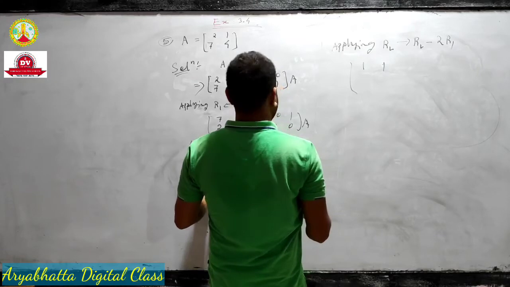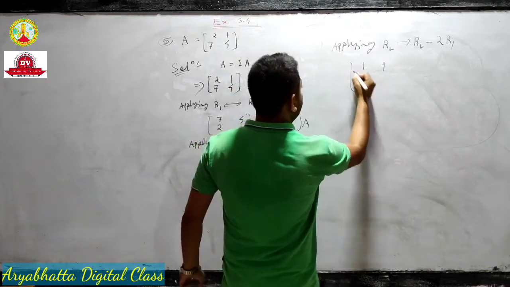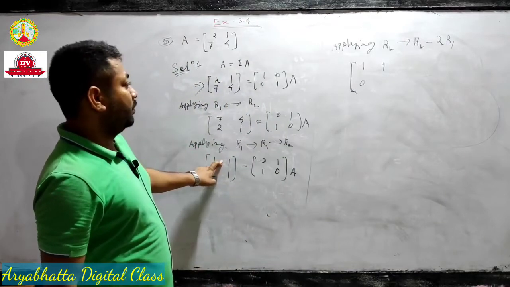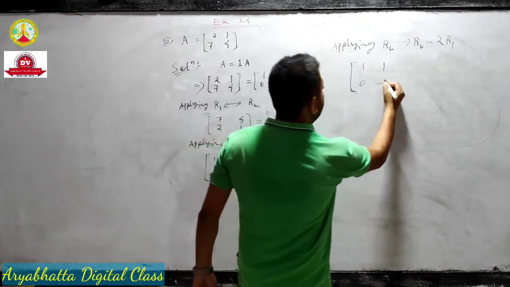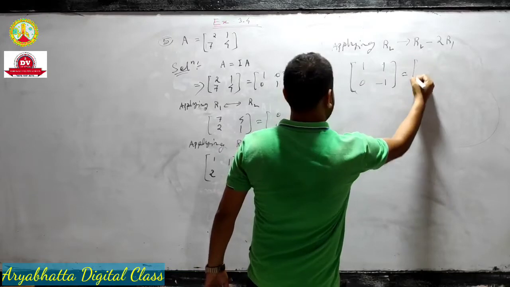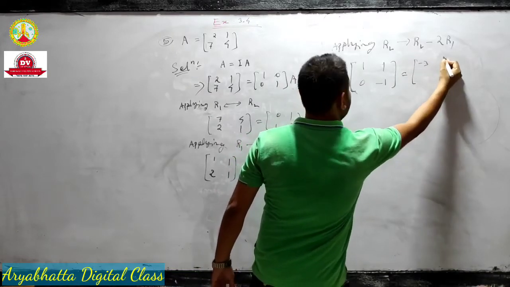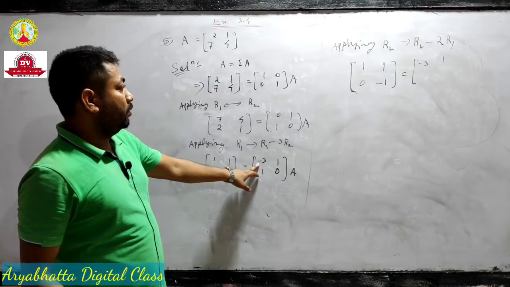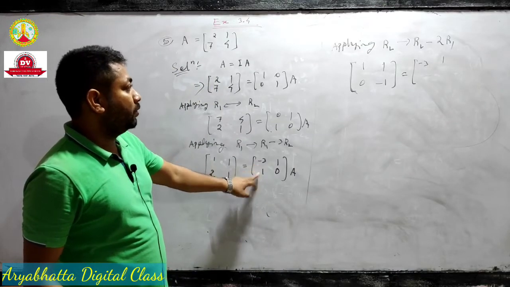Next, 2 minus 2 into 1, 0. Next, 1 minus 2 into 1, minus 1. This is equal to minus 3, 1, 1 minus 2 into minus 3, plus 6, 1 plus 6, 7.